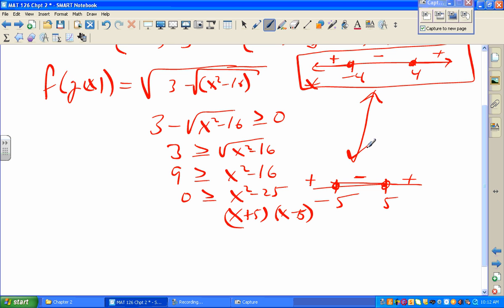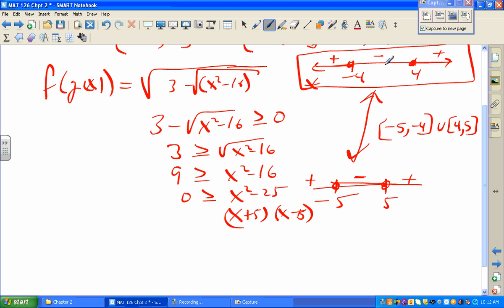I'm guessing. Well, this comes out of the domain of f of g of x, and combine that with the domain of g of x, you come up with the domain of the whole thing, which I think would be from negative 5 to negative 4, union 4 to 5.